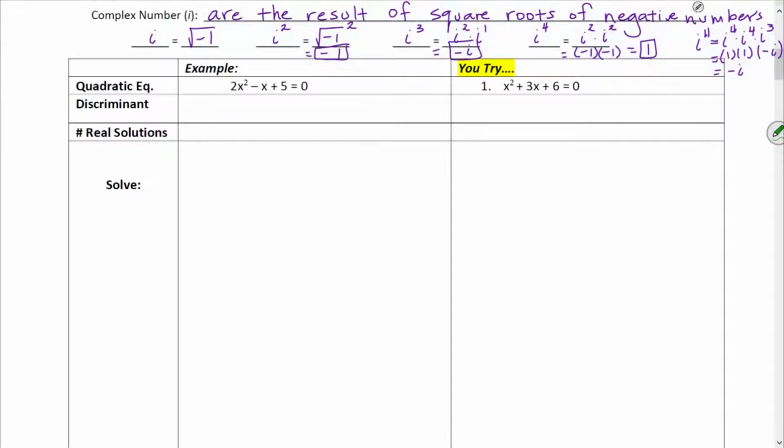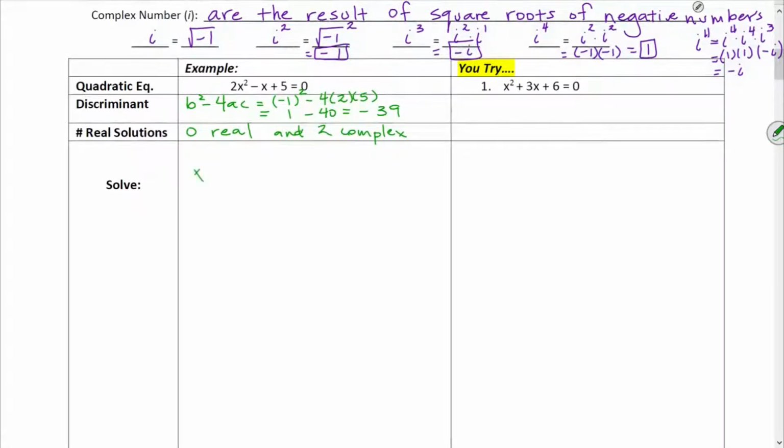Okay, the discriminant again is that b squared minus 4ac from the quadratic formula. And so this discriminant is -39. So I know that means I'll have 0 real solutions and 2 complex solutions. So let's go ahead and solve this.